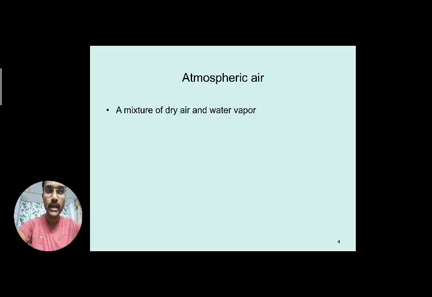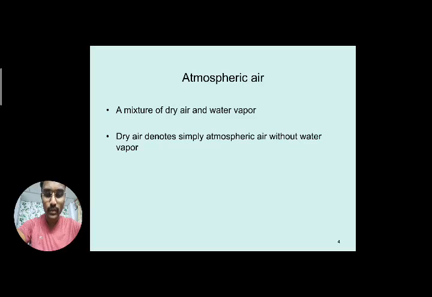So it is a mixture of dry air and water vapor, along with some gases also. Now the dry air denotes simply atmospheric air without water vapor. It is represented as dry air.